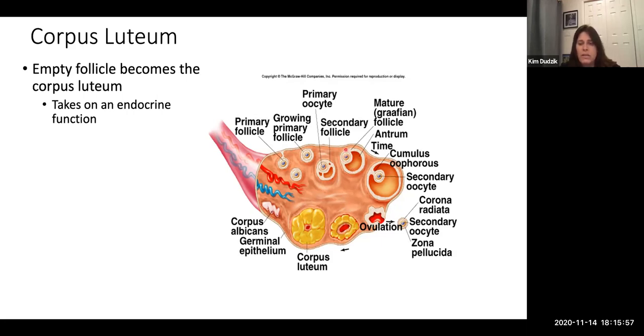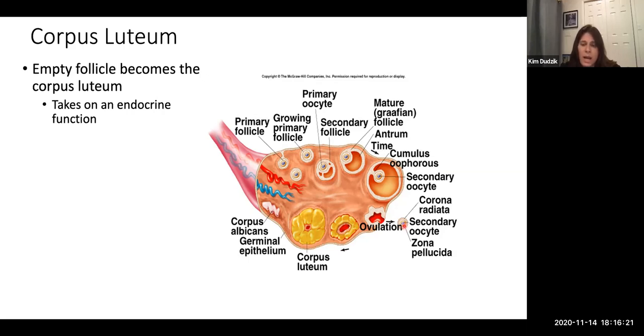Okay, and by the time it gets to the mature follicle, also called a Graafian follicle, then it's a secondary oocyte, and it's just ready to start its second meiotic division. And it won't do that until after ovulation, and then it'll start to go into its second meiotic division if it gets fertilized.